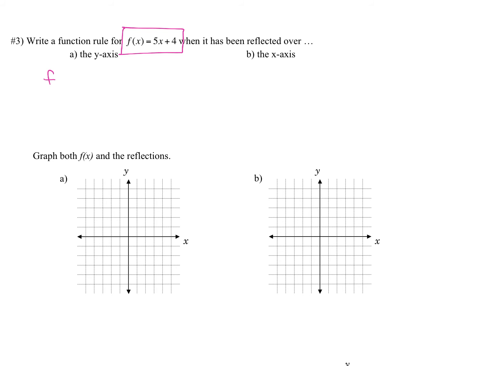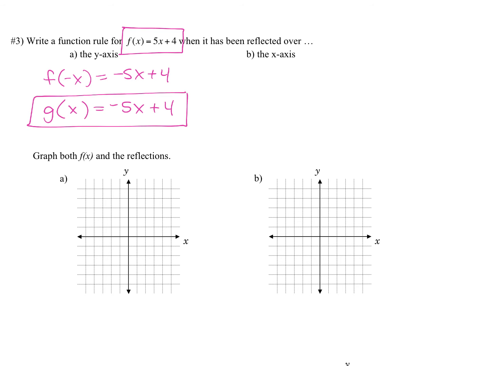Here's what I'm going to do. I'm going to show you this way. So it's going to be f of negative x, which is really, when we make it a new function, g of x. So if we're just changing our x, it's negative 5x plus 4. Don't change the y-intercept, only change the slope on that.